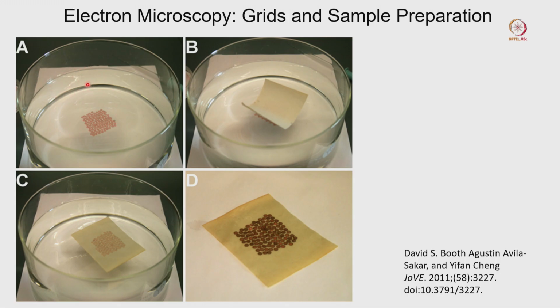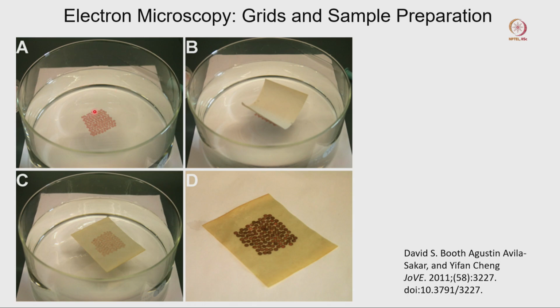Now, very gently you place all your grids on top of that plastic, and you have to do it very gently. So, using a tweezer, you have to hold that grid gently and place it. If your hands are not stable, you are going to break that plastic layer, and then it will damage the entire preparation.